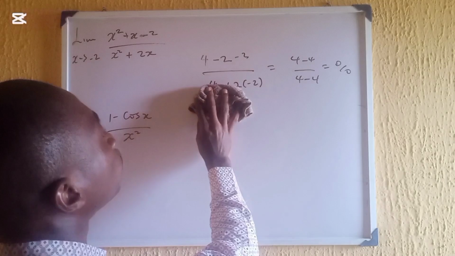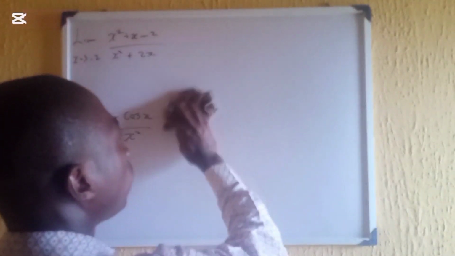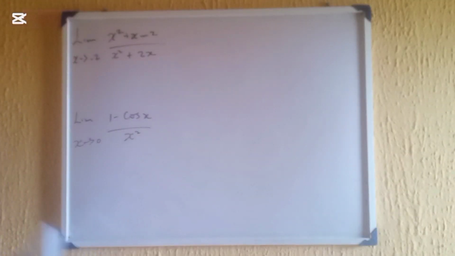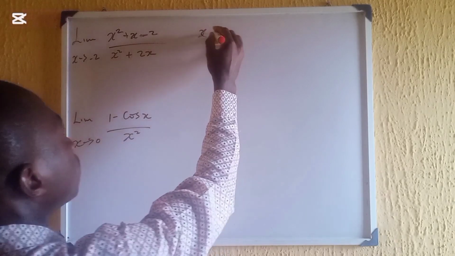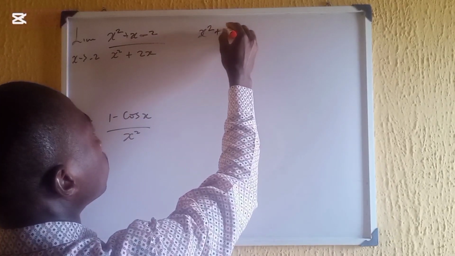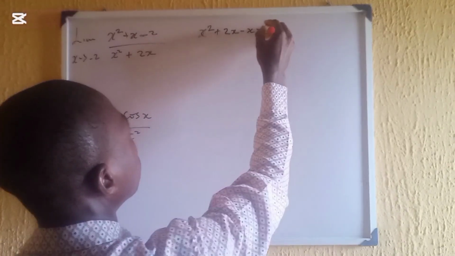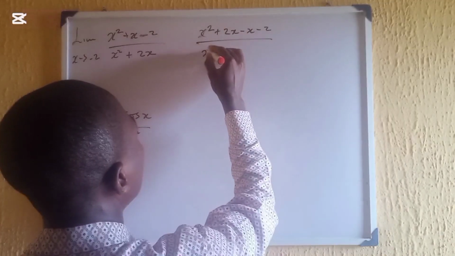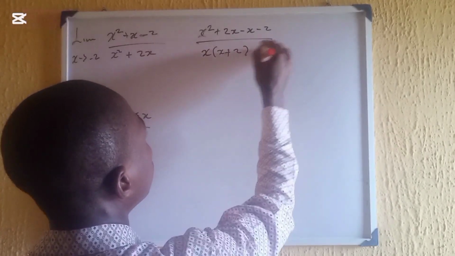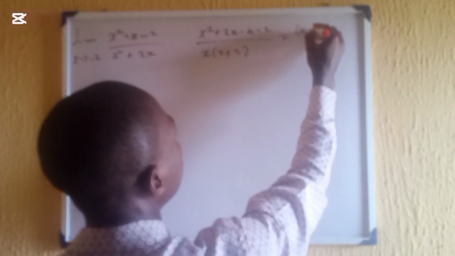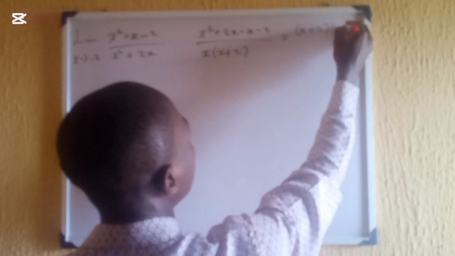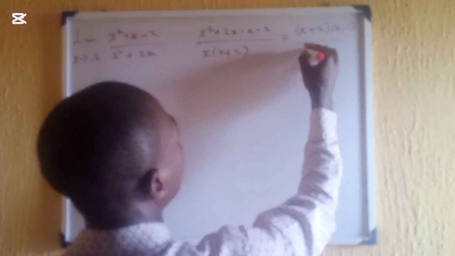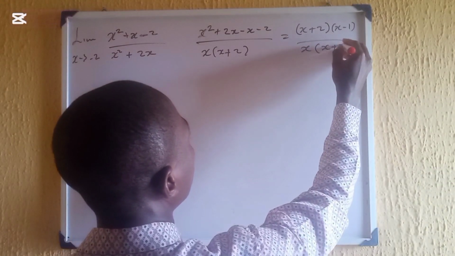What do we do? We try the method of factorization, and that gives us x squared plus x minus 2 over x into x plus 2, which is x plus 2 into x minus 1 over x into x plus 2.